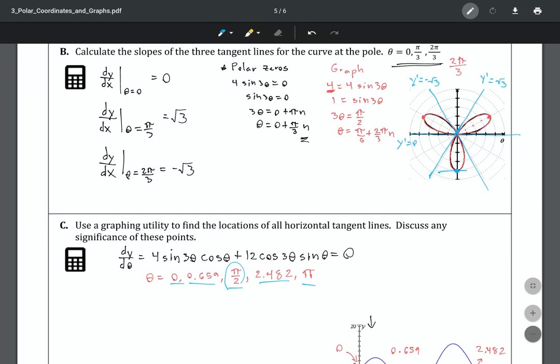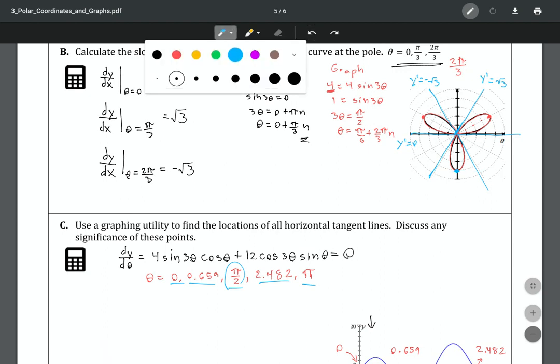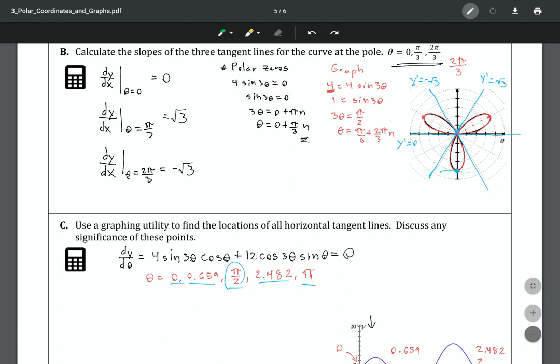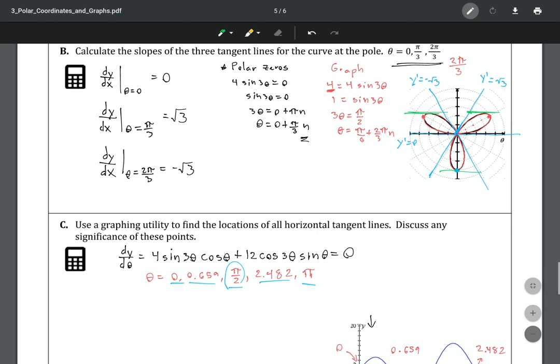The reason it's pi over 2, remember, we're looking for horizontal tangents, right? Let me change that color not to confuse you here. So basically, that's a horizontal. This is somewhere a horizontal, so this is probably one of the ones we found. This is another one. And we also have 0 and pi, which is along the origin.